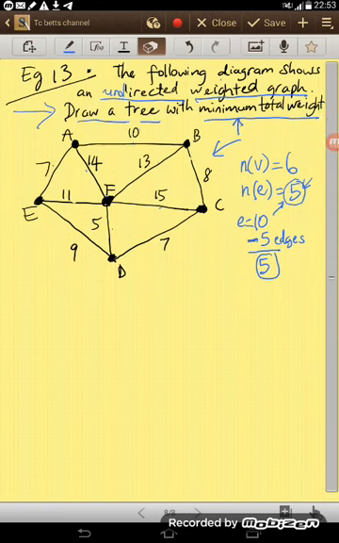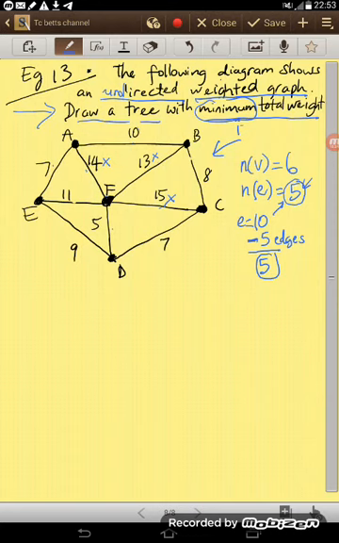Because we want to draw a tree with minimum total weight, we remove the ones with high weight. So you can see here, maybe we can take out 14, 15, 13, 3 edges already, and then the rest we will hold first. We go one by one.